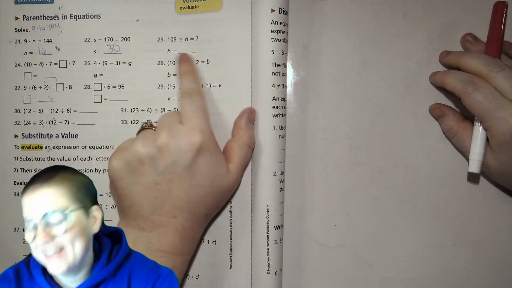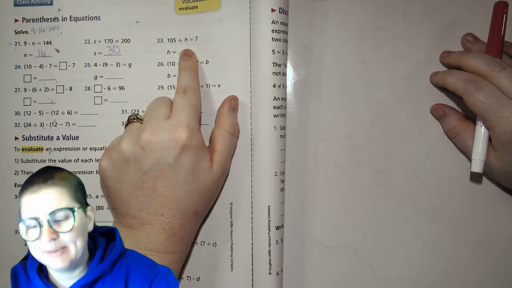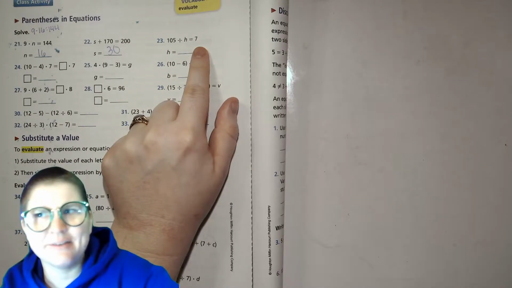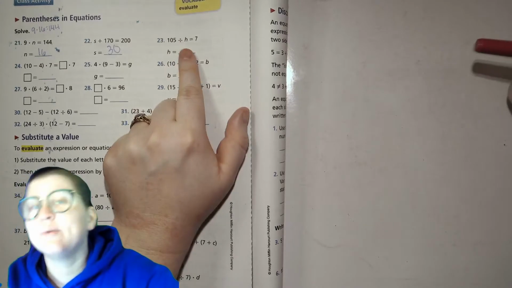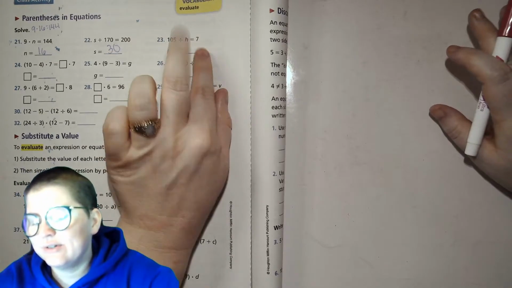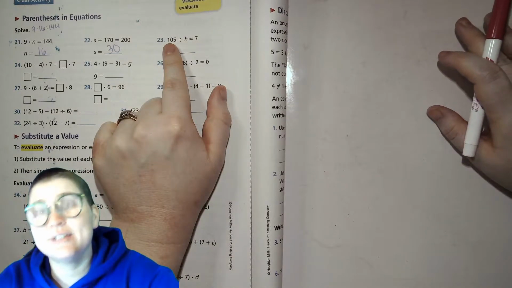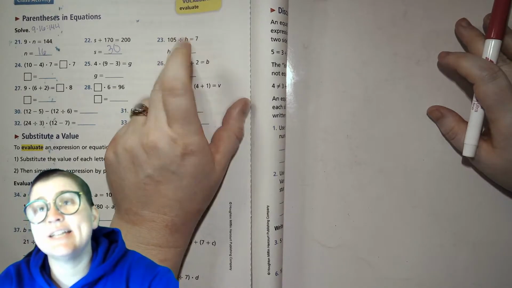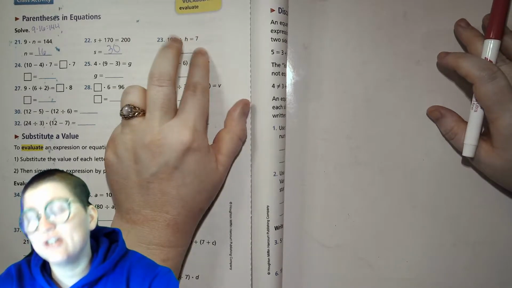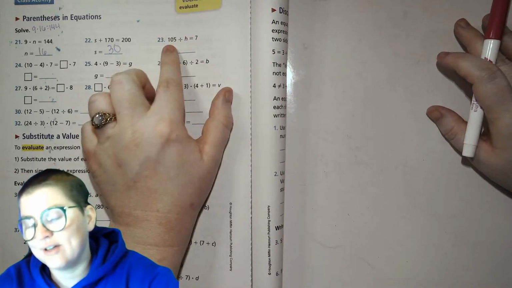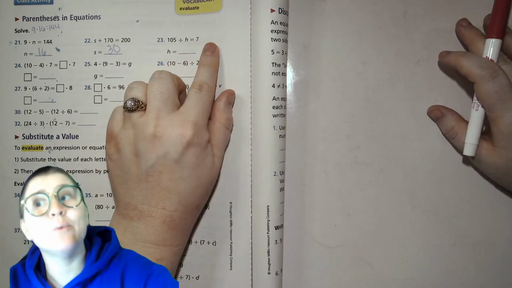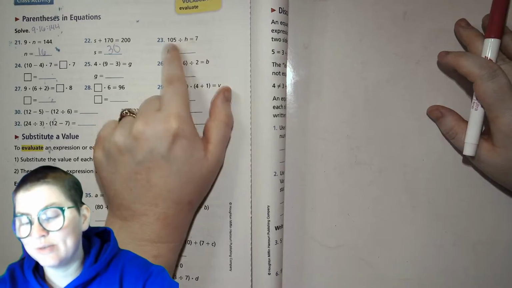Next one, here we go. 105 divided by h equals 7. Well, I don't have that math fact memorized, right? So what you do here is you have the product. You know that h and 7 are the factors. You can turn this equation around so it's 105 divided by 7, and that will equal h. This is the situation equation.